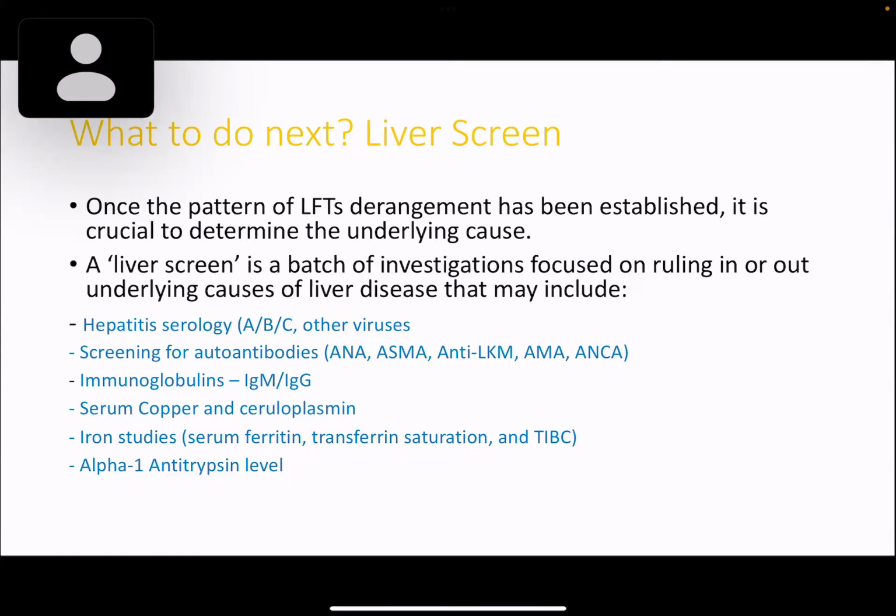We also screen for autoimmune hepatitis by searching for autoantibodies like ANA, anti-smooth muscle antibodies, anti-mitochondrial, anti-neutrophil cytoplasmic antibodies, and also measure the immunoglobulins, IgM, IgG.